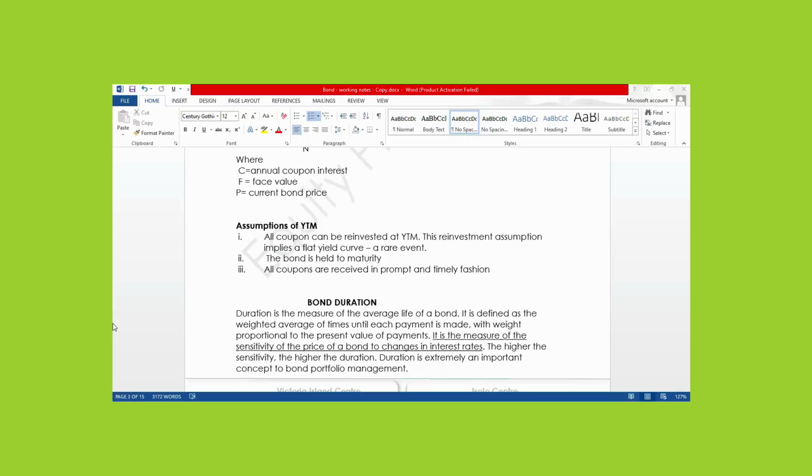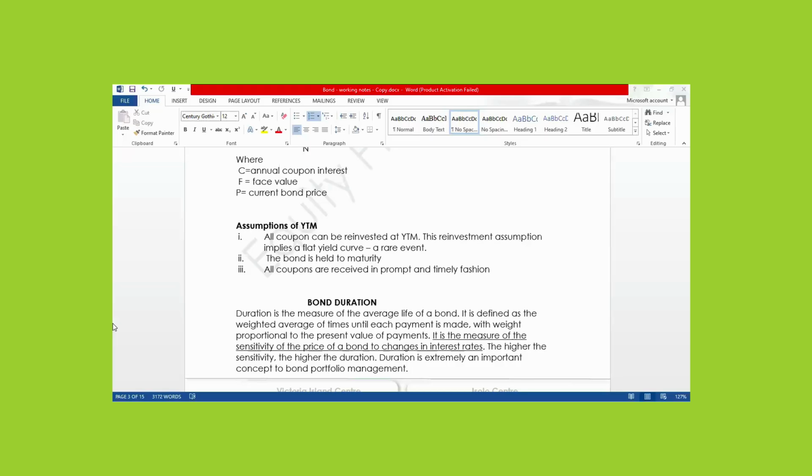So duration measures the sensitivity of a bond price to changes in interest rates. The higher the sensitivity, the higher the duration, the higher the risk.